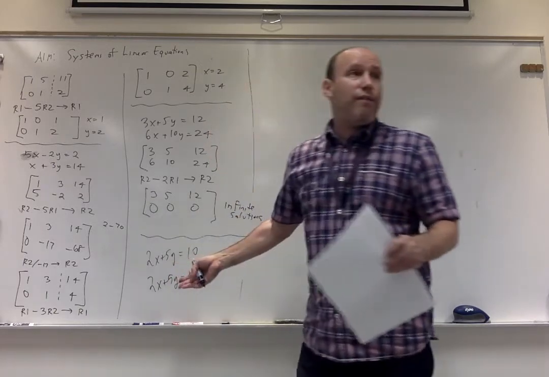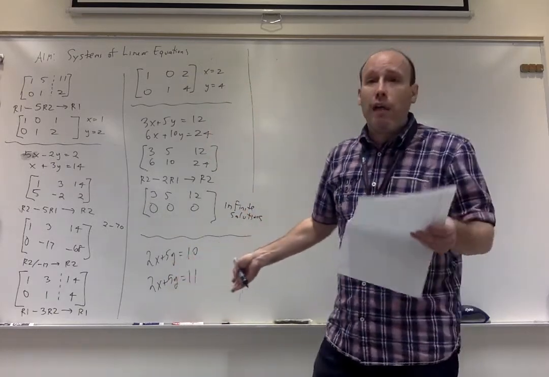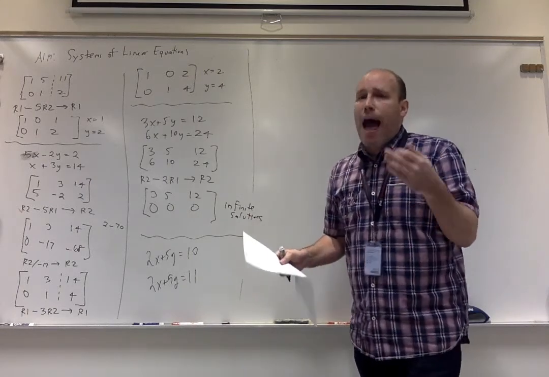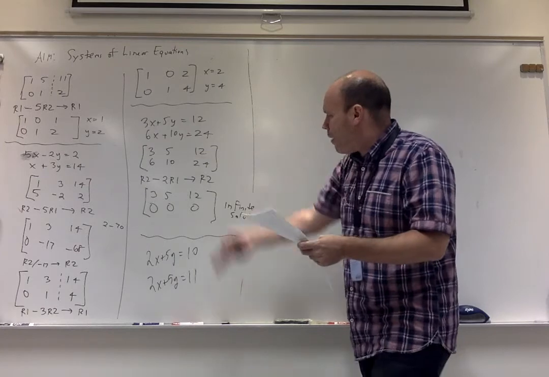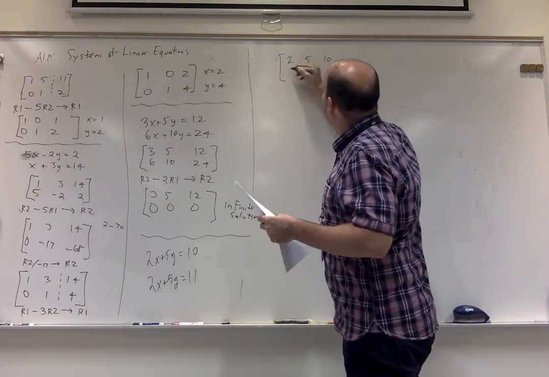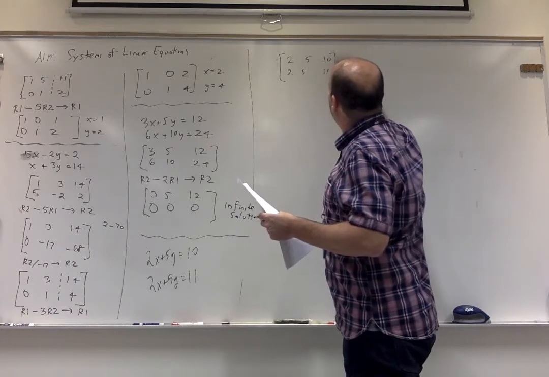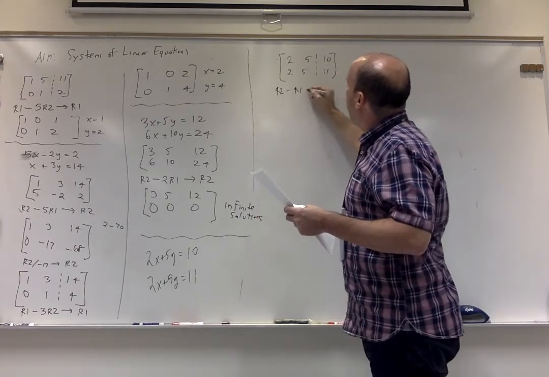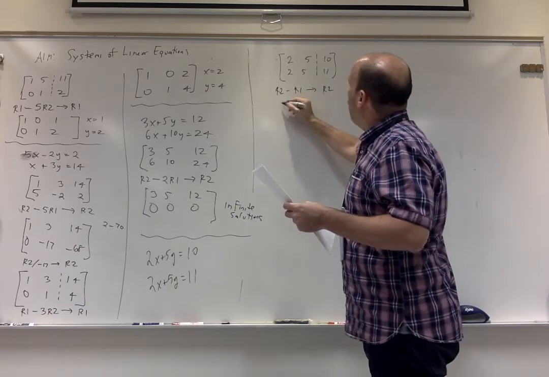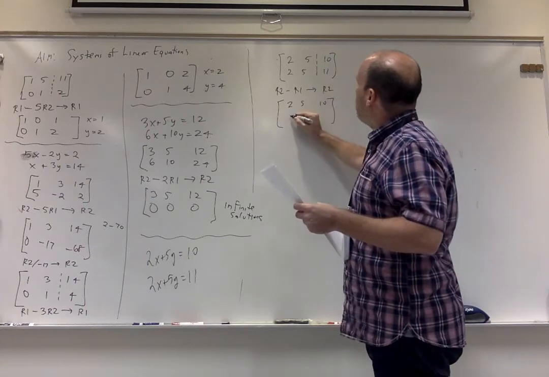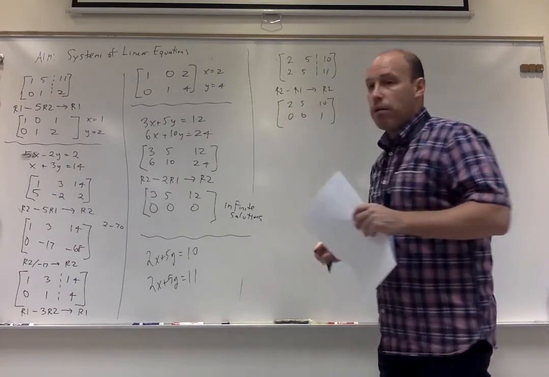You can say, well, they have the same slope, they're parallel lines, they're never going to meet. We know that from the pictures. How do we see that in this matrix? Okay, let's put it in the matrix. 2, 5, 10, 2, 5, 11. Let's say row 2 minus row 1 is my new row 2. We have 2, 5, 10, 0, 0, 1.